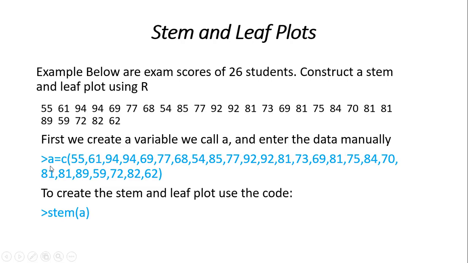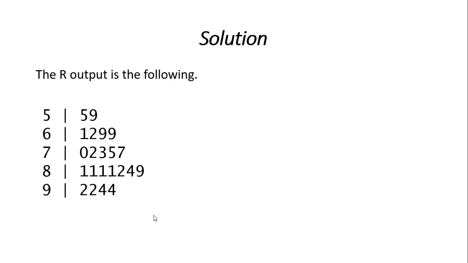So we set A equal to c of 55, that's our first data point, comma 61, 94, and so on. So we type in all 26 of these values. And then we create the stem and leaf plot using the code stem with an A in parentheses. The output looks like this.